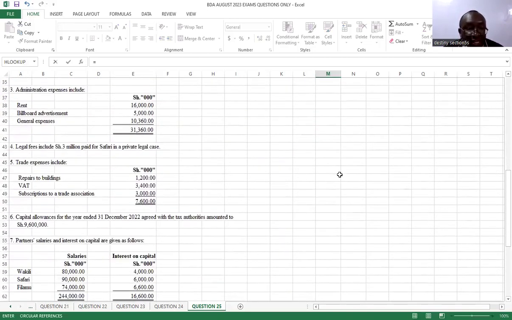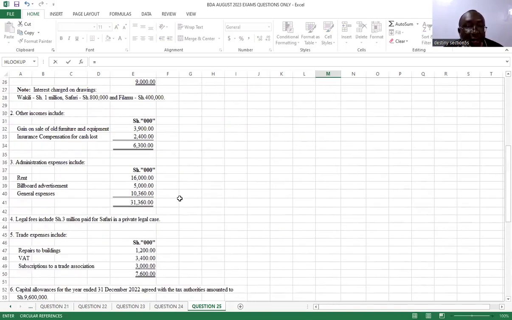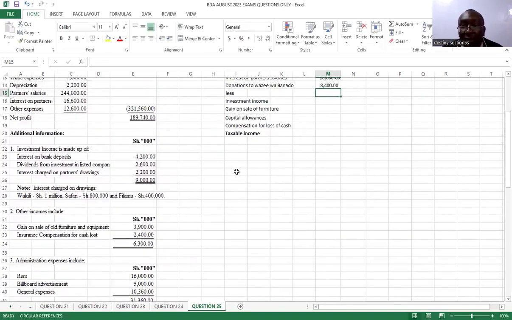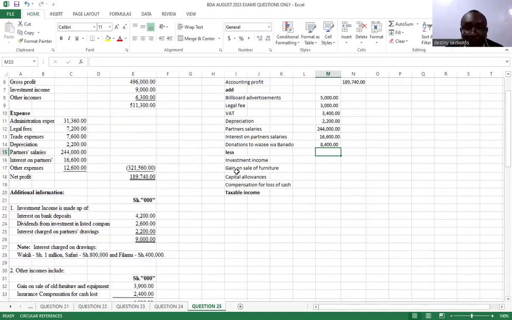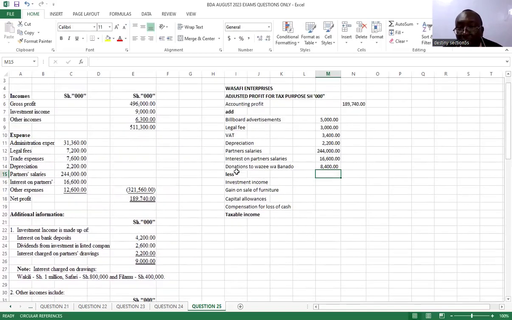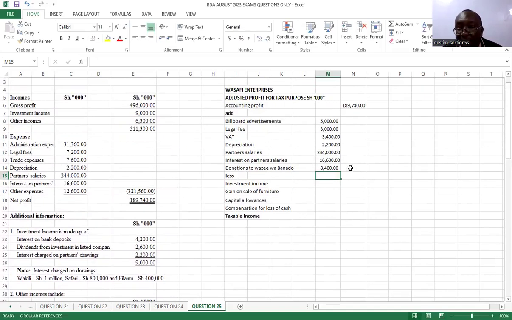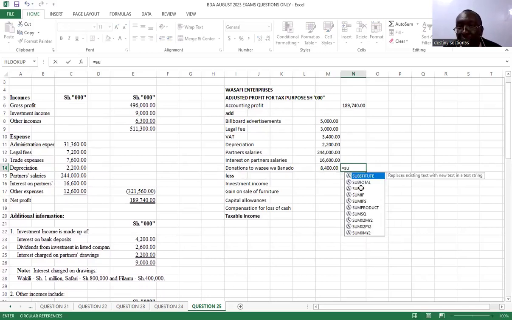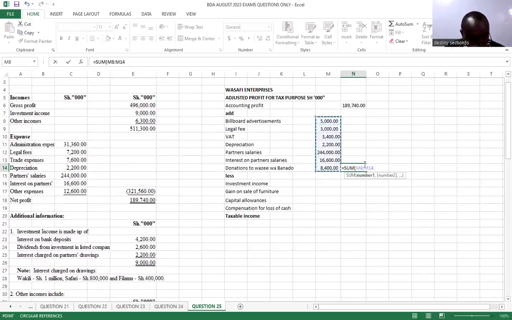So these donations to wazee wa Banado, the amount should be there. So I want to add these amounts here, bring them here, equals sum of all these up to that point, close the brackets, enter.